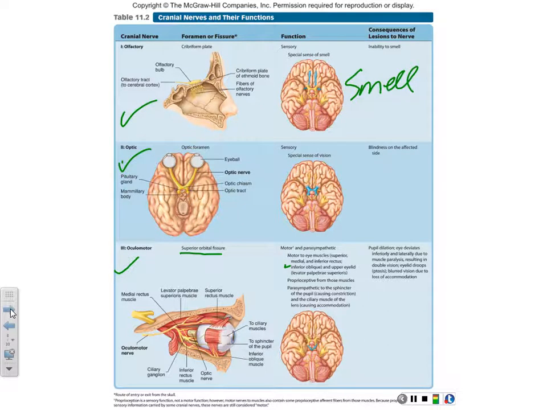Oculo, eyes. Anything to do with oculo is eyes. Motor, controlling muscles. So that tells you. If you say it controls most of the muscles of the eye, I'll take that. You don't have to tell me medial, superior, and inferior rectus, and also the inferior oblique.